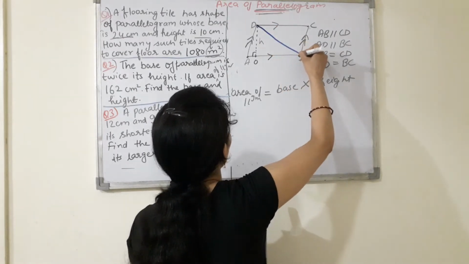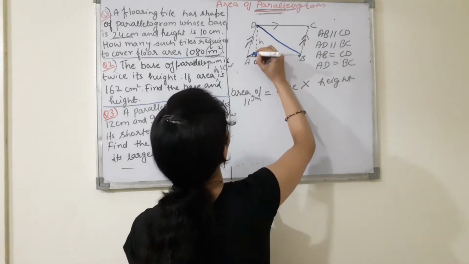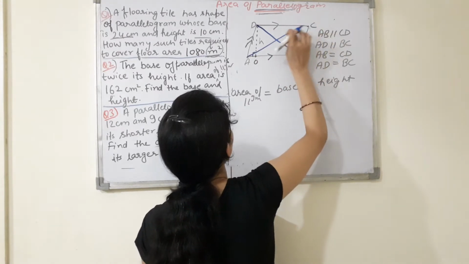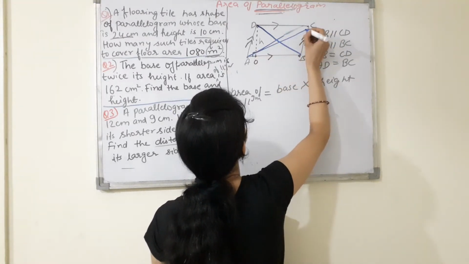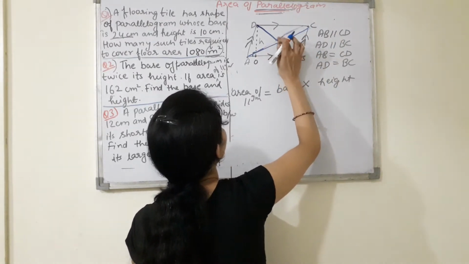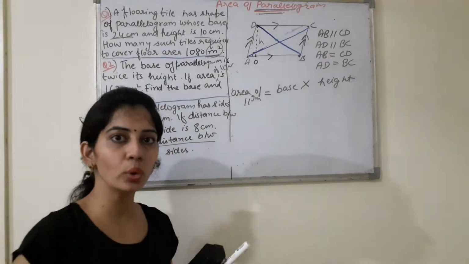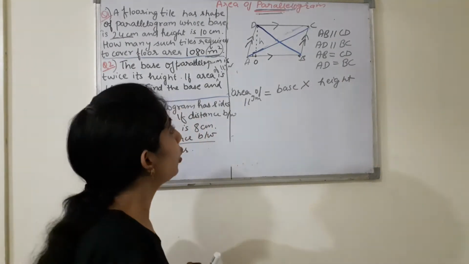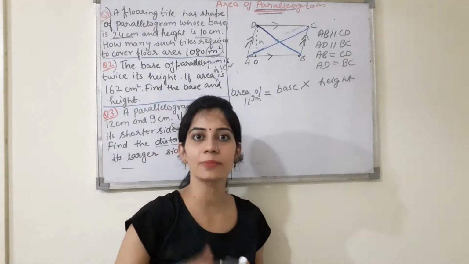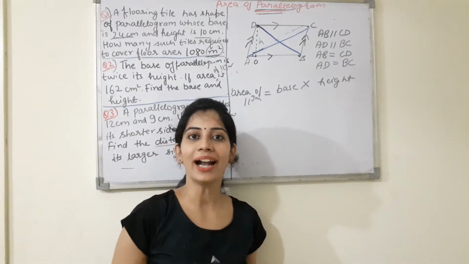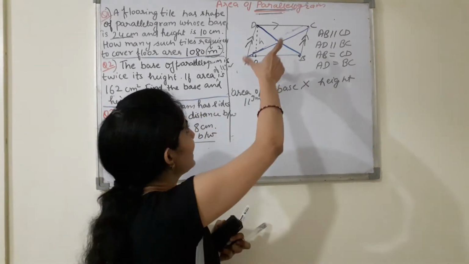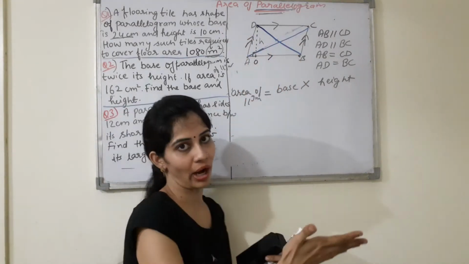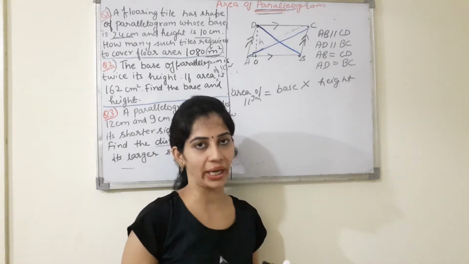So here BD and AC are the two diagonals of parallelogram ABCD, right? Now see, these diagonals bisect each other and each diagonal bisects the parallelogram into two congruent triangles, right?